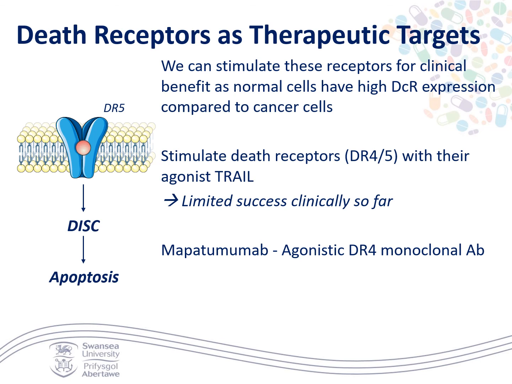We have developed a number of agonistic monoclonal antibody therapies for DR4 and DR5, such as mapatumumab, which is activating the DR4 receptor to form the DISC and induce apoptosis in cells. Lexatumumab is an agonistic DR5 monoclonal antibody therapy, also activating the formation of the DISC and ultimately apoptosis. Now you can tell when drugs are monoclonal antibody therapies if they end in mab, because that stands for monoclonal antibody therapy.